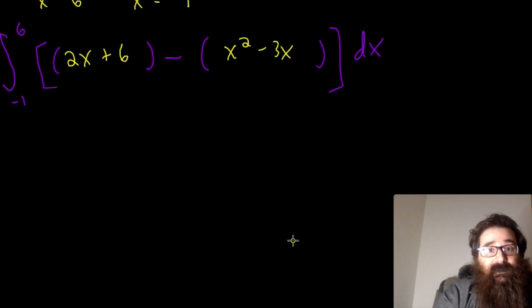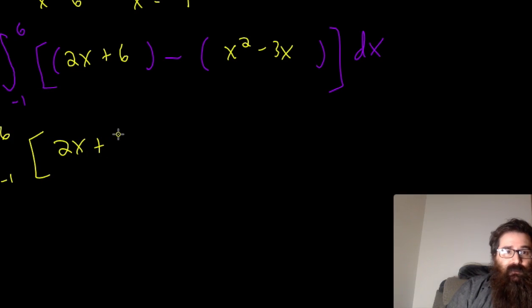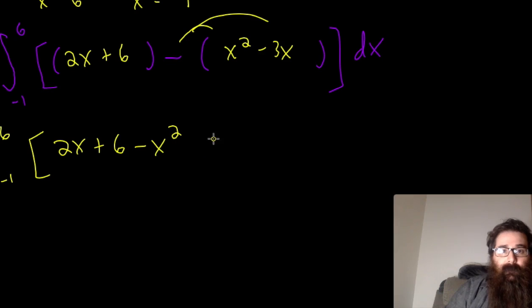This is my upper minus lower. Now I've got the parentheses, but what I want to do next is distribute the subtraction through. So we have the integral from -1 to 6. Here I have 2x plus 6. I can just remove those parentheses, but now I want to distribute my minus sign in. We get minus x squared, and then minus a negative is plus 3x, with respect to x.